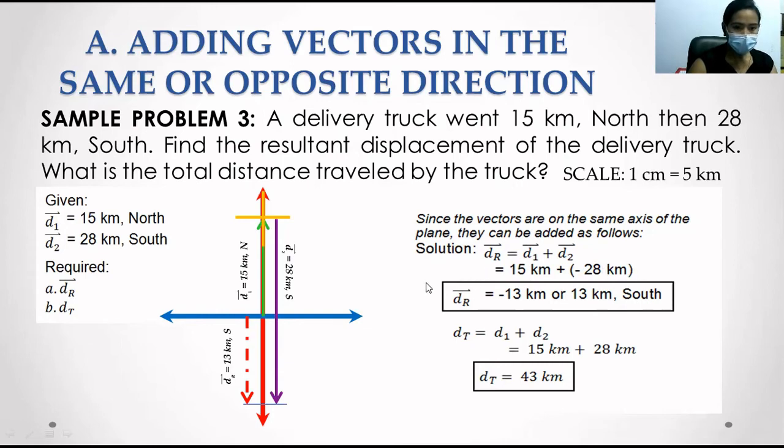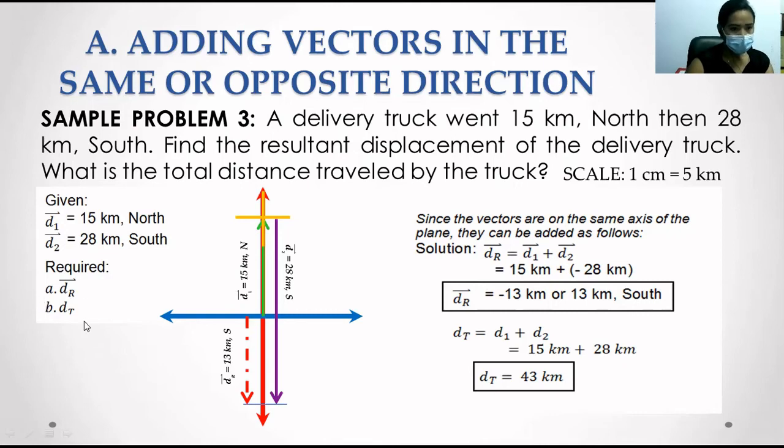Therefore, our resultant displacement would be negative 13 kilometers. We may remove this negative sign by giving it an interpretation that the delivery truck went 13 kilometers south as its resultant displacement.